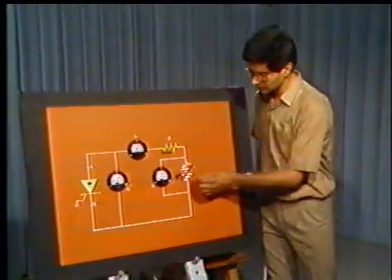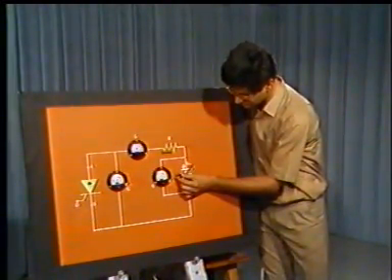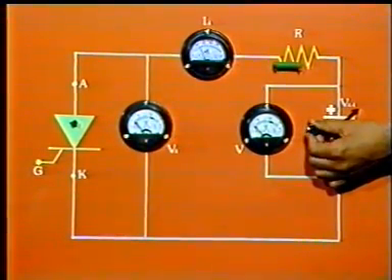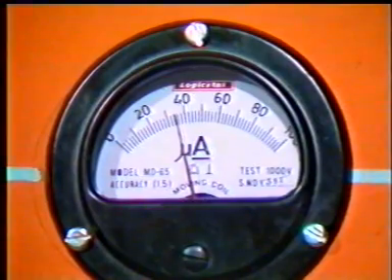Now let us vary the voltage. You see that some current is flowing through the SCR.